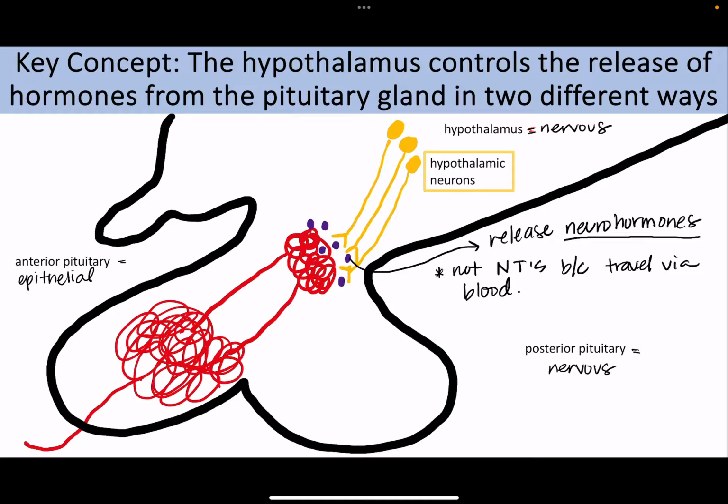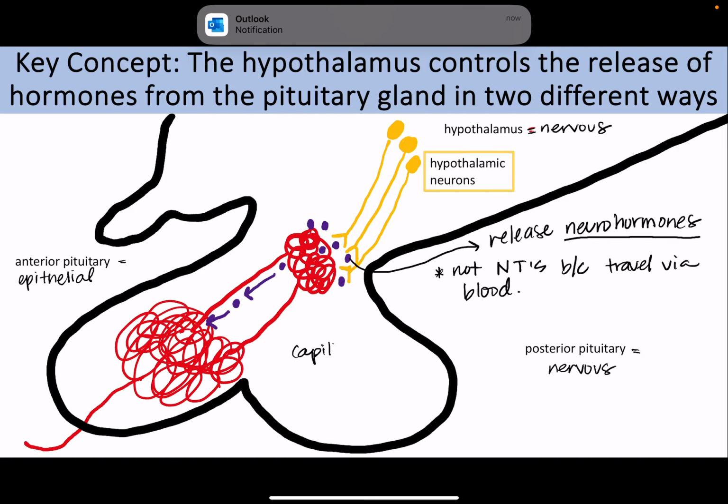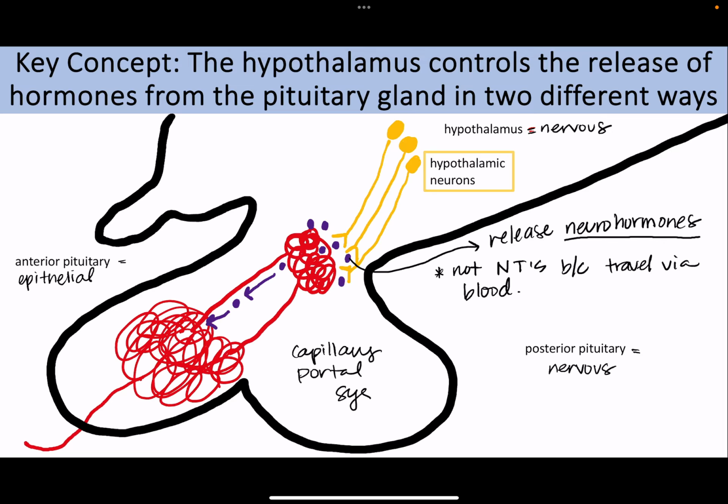Okay. So the neurohormones actually move through this system. It's called a capillary portal system. And I think it's mentioned in your lecture notes. So again, there's no direct connection between the hypothalamus and the anterior pituitary gland.